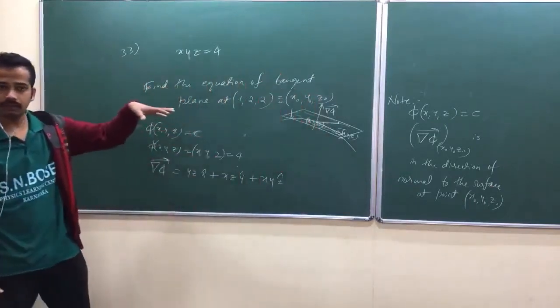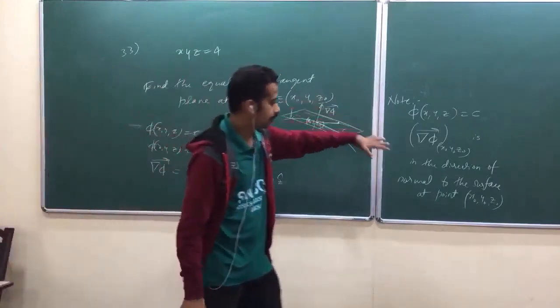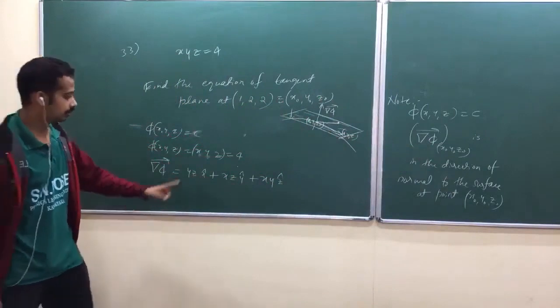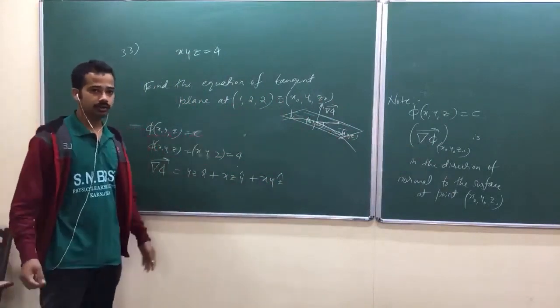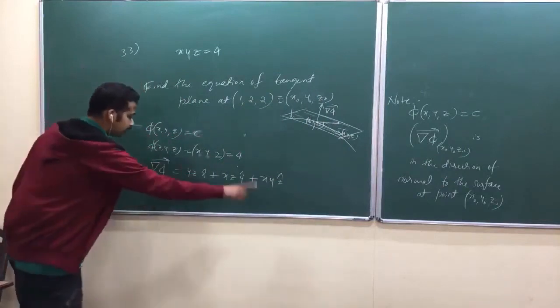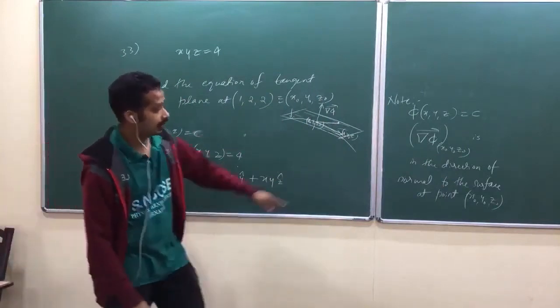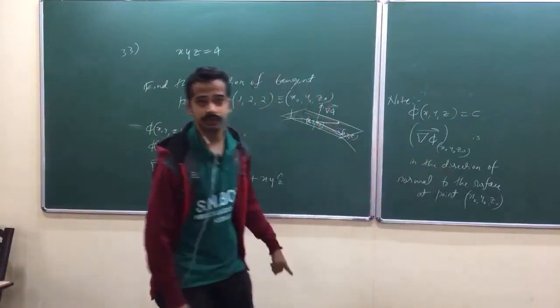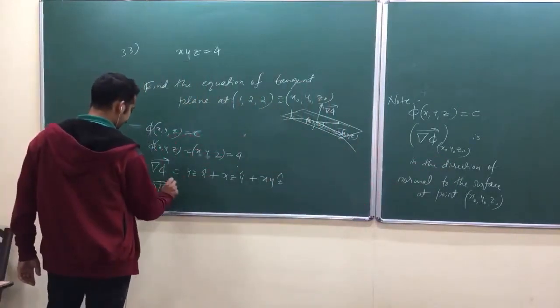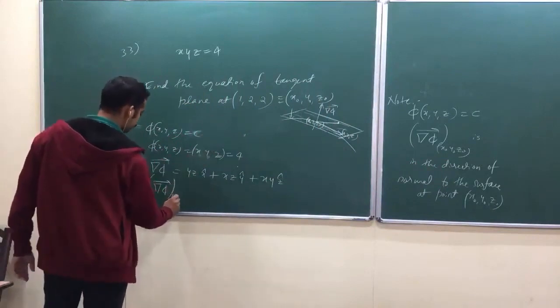Again remember, you should have clear geometrical imagination. While doing this problem, you should know that this is perpendicular to that. So this is the general gradient. You have to find the gradient at that point to find the normal at that point. So find the gradient at (1, 2, 2).